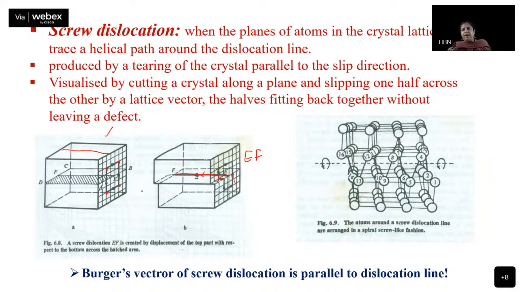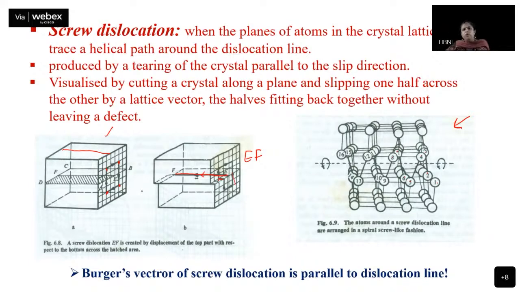Let me see if I can actually try to visualize that. You look at this particular figure, okay? And you imagine 1, 2, 3, and 4 is the square of atoms that is on the right hand side face of the cube. Similarly 5, 6, 7, 8 is the next square of atoms which would lie inside the cube adjacent to this first face of the cube.